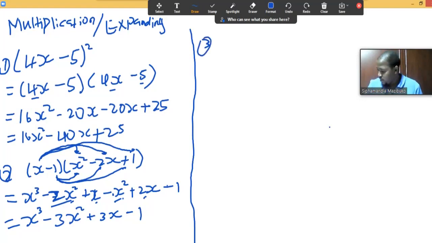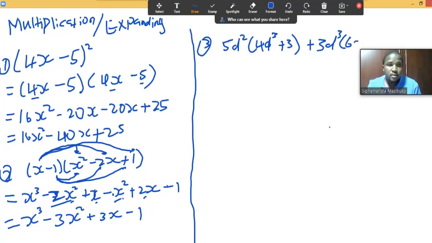Let's look at our example 3 as 5d squared into 4d cubed plus 3, plus 3d cubed into 6d squared plus 4.